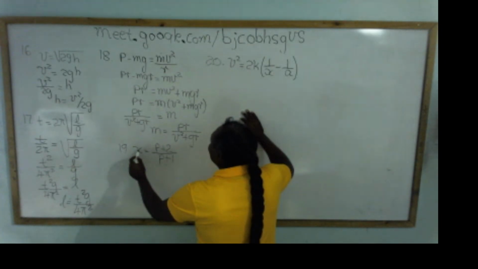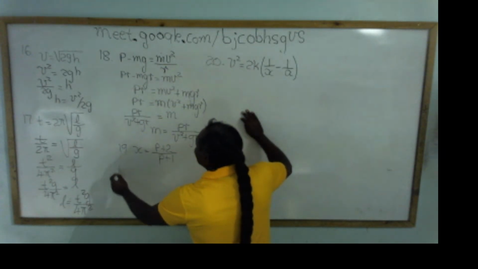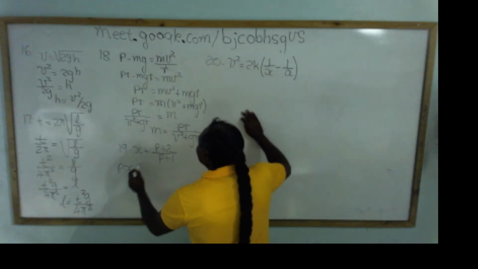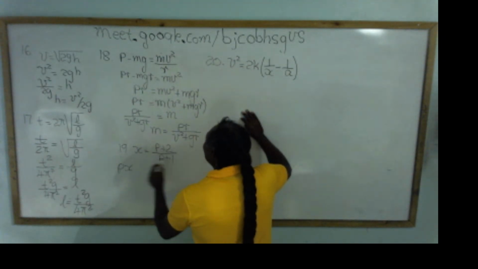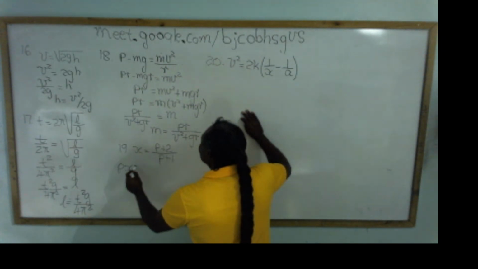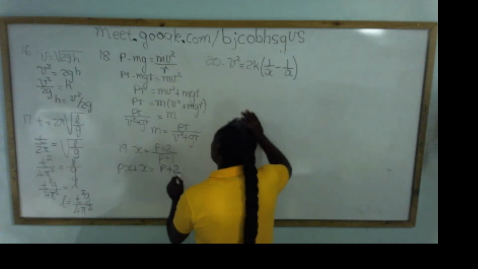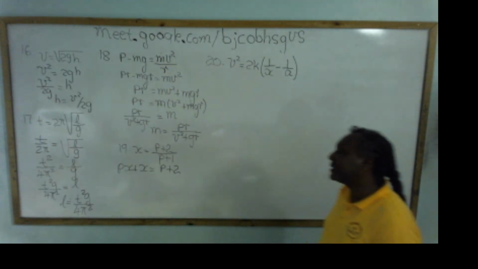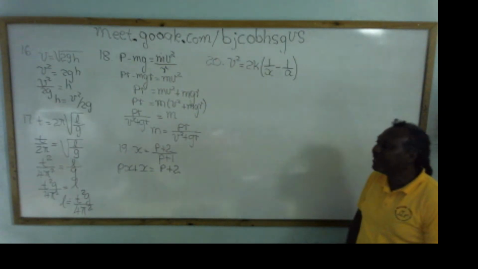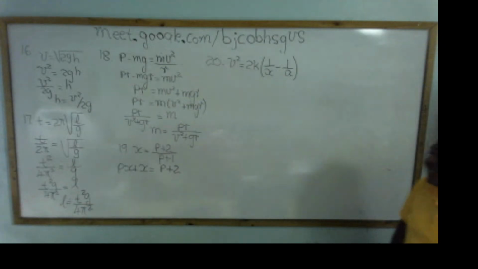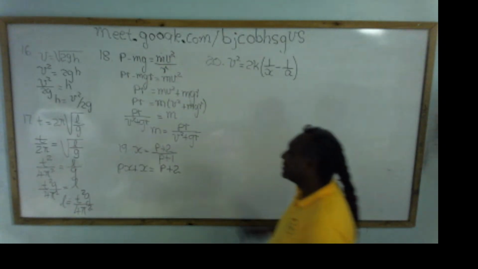The x will multiply by the p, so we get px. Then the x is going to multiply by the 1. So 1 times x is just x. P is our proposed subject. We should have all of the terms that contain p on one side.